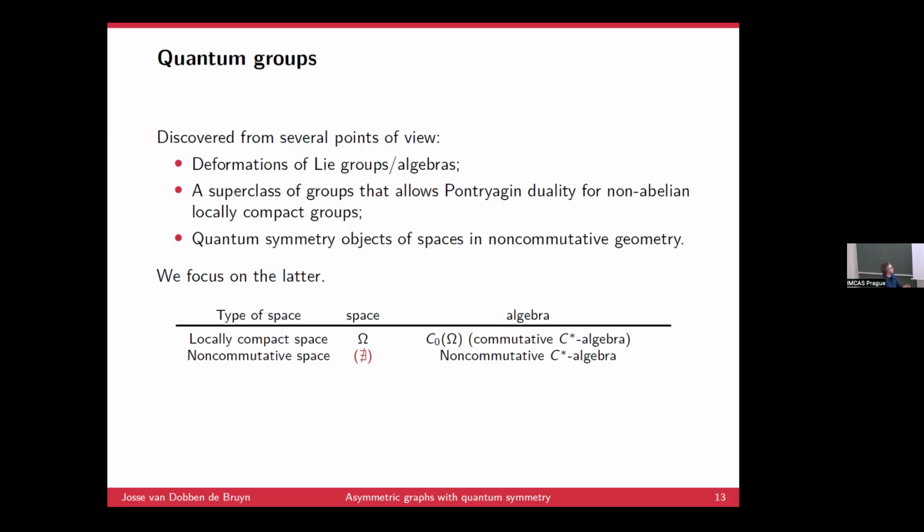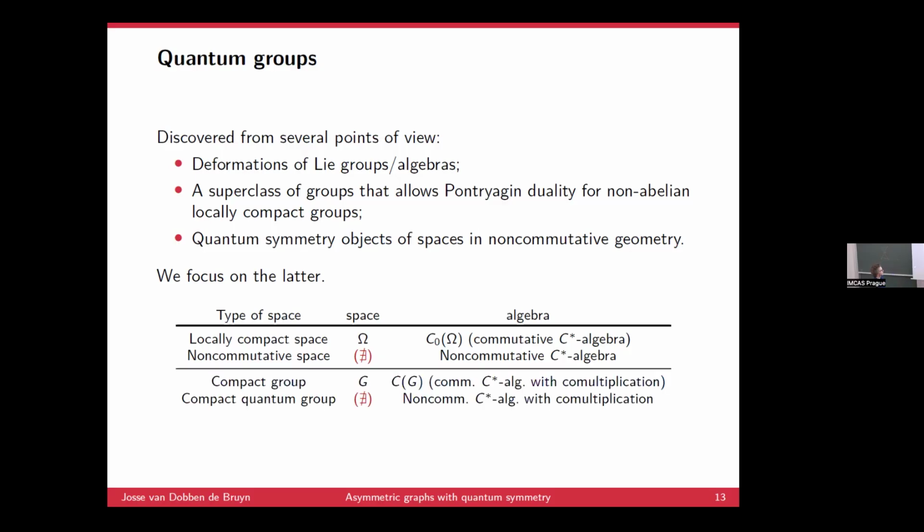And then we define a non-commutative locally compact Hausdorff space to be any non-commutative C-star algebra. Now the space itself, omega, doesn't really exist anymore, but you still have the algebra of functions on the space that you can do things with. This is the starting point of non-commutative geometry. And you can define structure on top of that to make it a group. So there's some co-multiplication operator now on the C-star algebra, and that makes it into a quantum group.